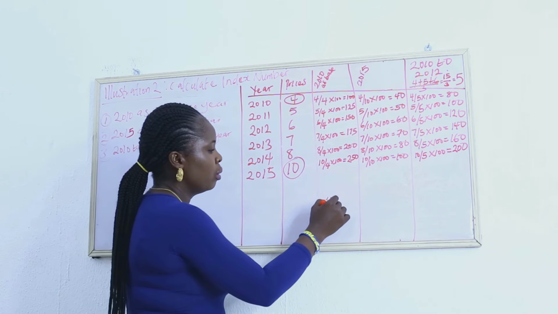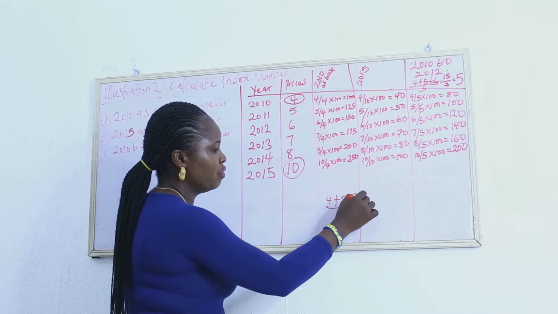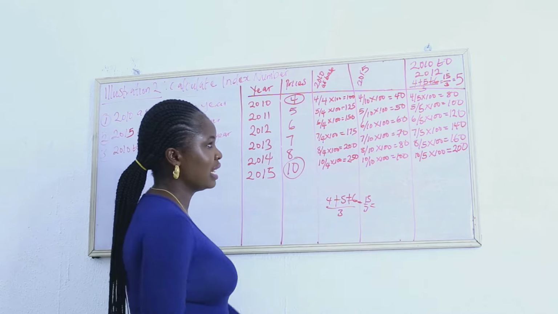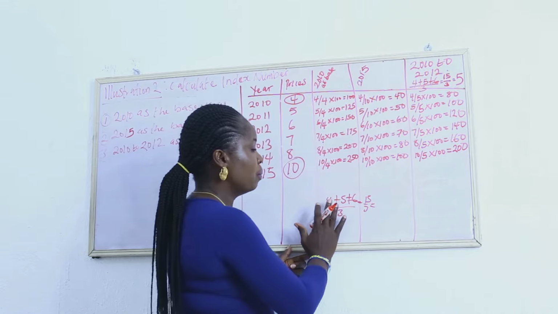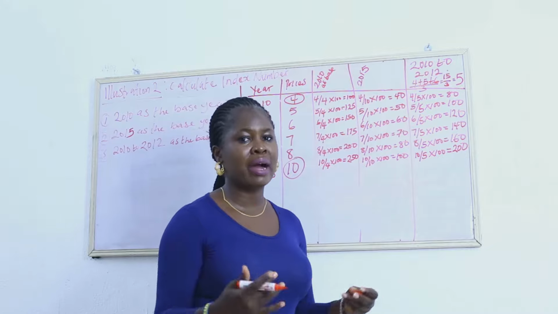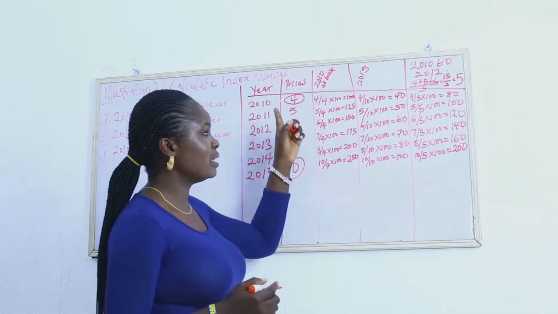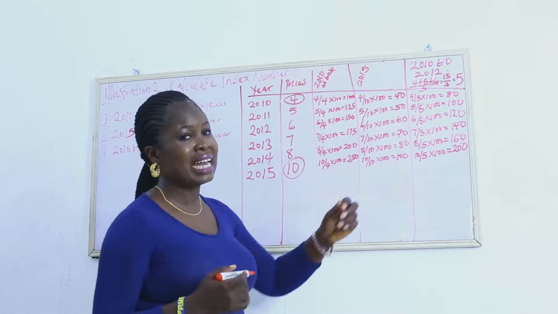So we have 4 plus 5 plus 6, that's equal to 15 divided by 3, that's 5. And that is exactly what I've done on the board. So 5 becomes our base year. So we take the prices one after the other again, divide by 5, then multiply by 100 to get our values.